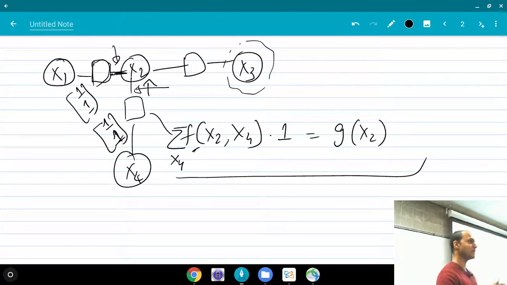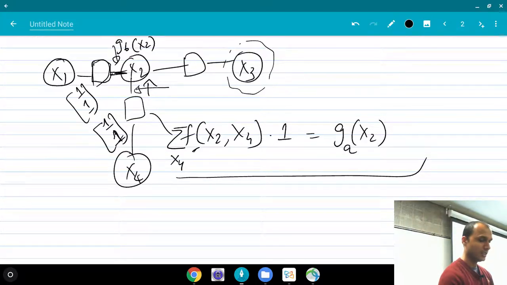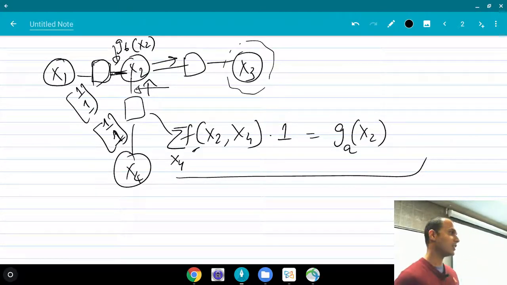Okay, so now x2 got 2 messages from 2 factor nodes and just multiplies them. Let's call them GA and GB. So GA and GB just multiply element wise and pass it forward to this factor node. Now this factor node got one message from the other guys.